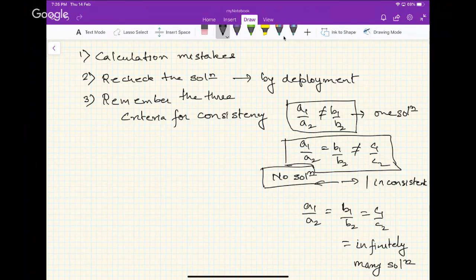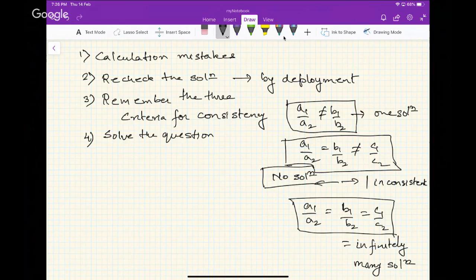Do not get confused and do not use the wrong condition. Then solve the question by the desired or mentioned method. These are the common errors. Do not just jump into solving the equations right after looking at the question. Please read the question carefully.